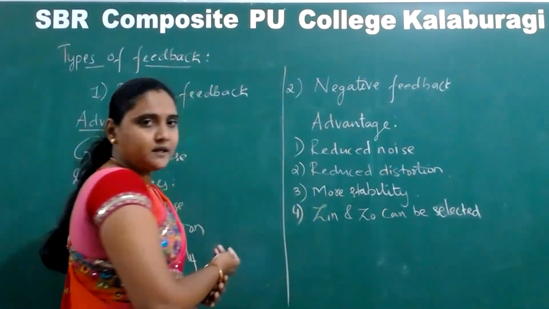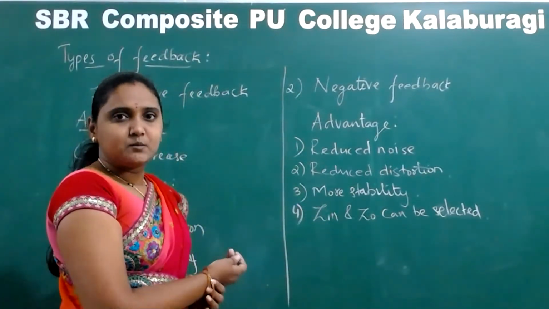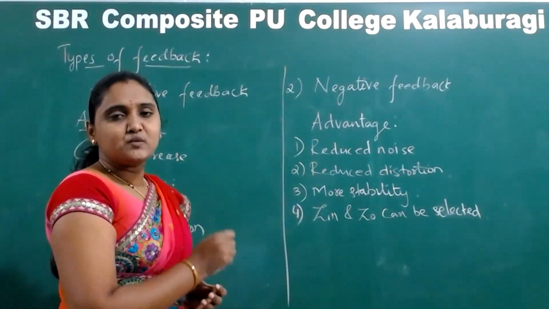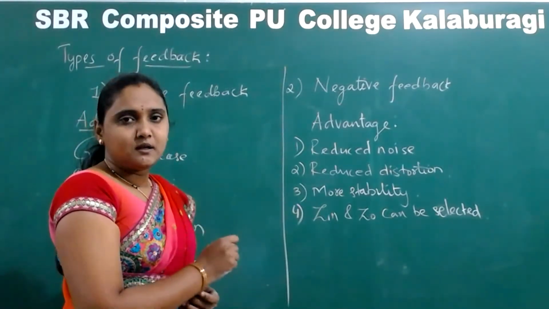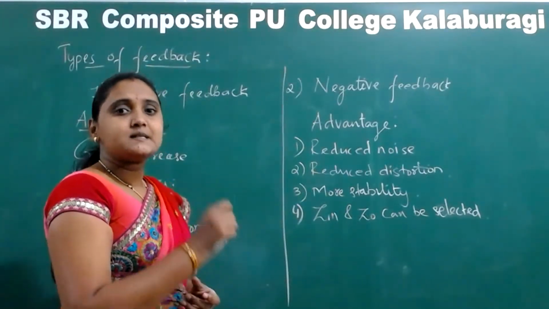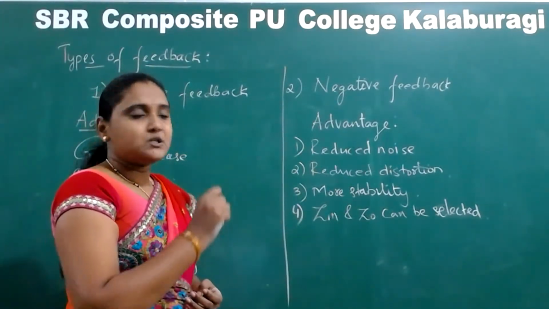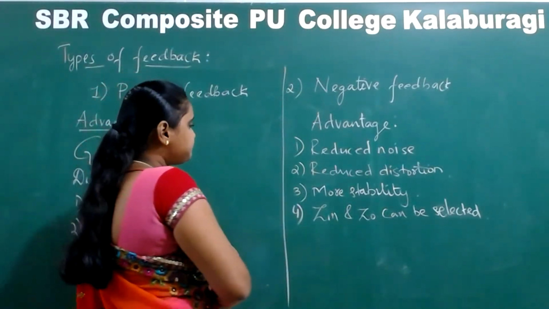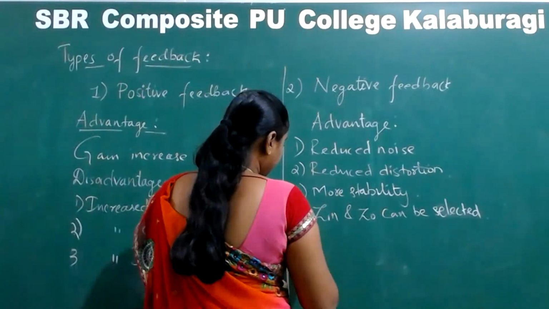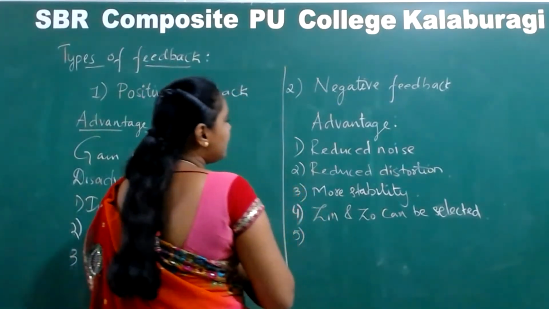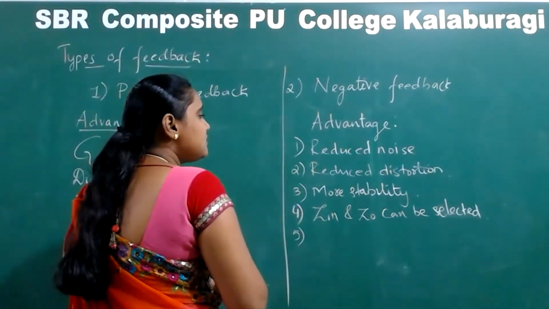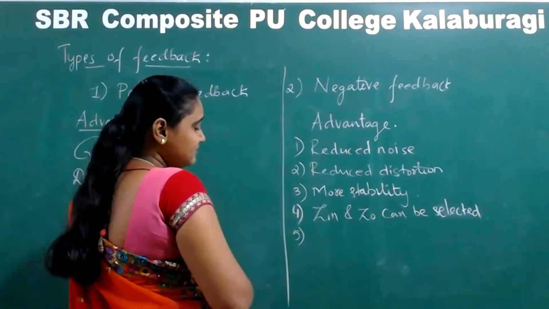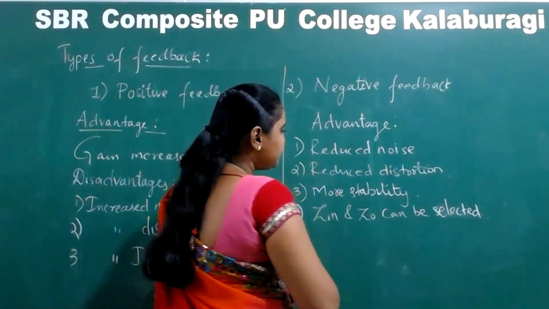There are 4 different configurations for the negative feedback, where each exhibits different input impedances and different output impedances, and depending upon your application you can select the input and output impedances. So reduced noise, reduced distortion, more stability, and input and output impedances can be selected.